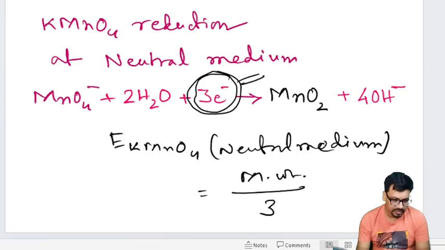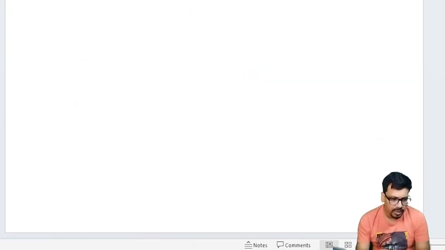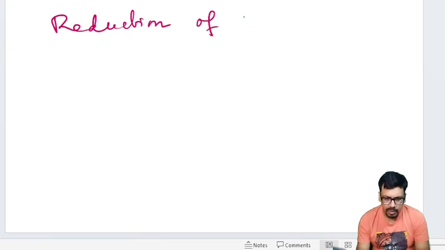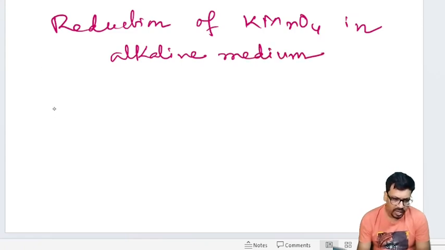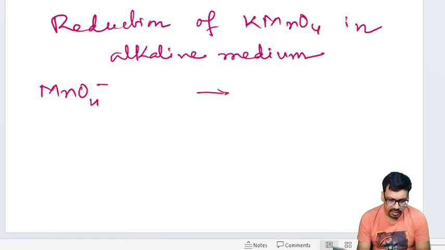Next, reduction of KMnO4 in alkaline medium. What happens here? MnO4 minus is converted to MnO4 2 minus.